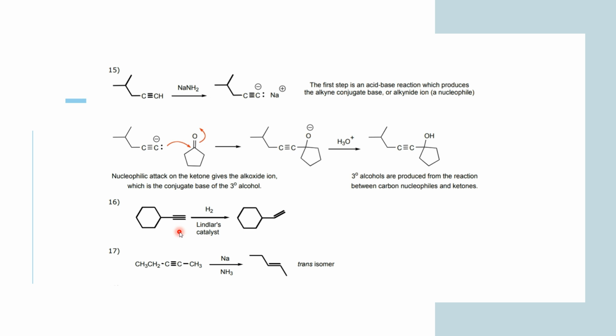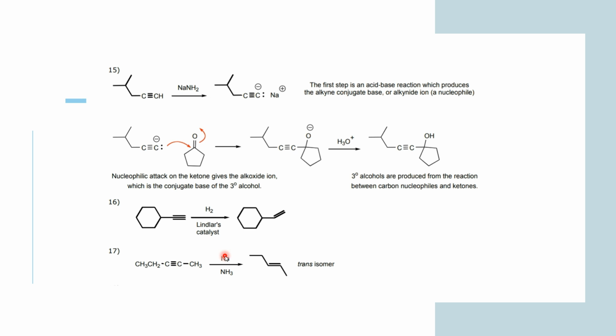And in this reaction, if you use excess hydrogen and Lindlar's catalyst and keep it for a longer period of time, you will end up getting overhydrogenation, leading to the formation of alkane.